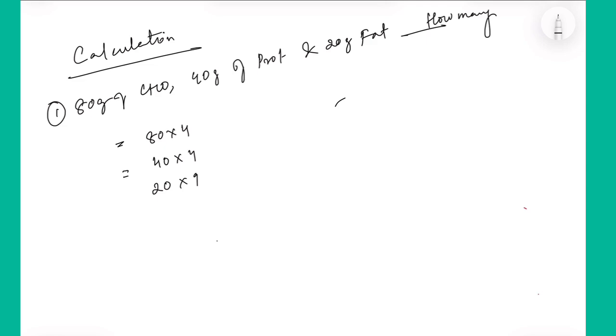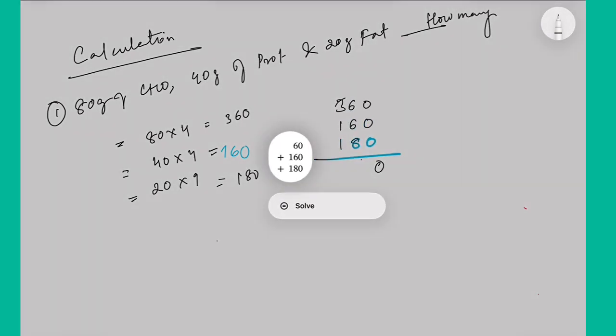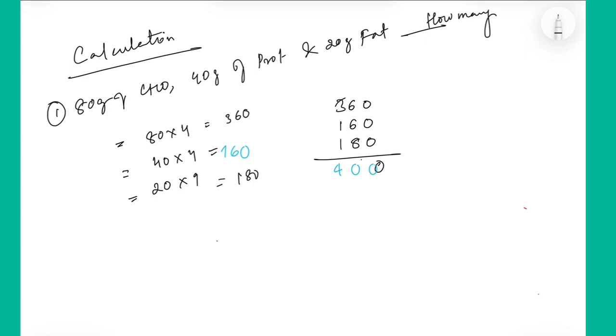This is the easiest method. 8 4s are 32, so 320. 4 4s are 16, so 160. 20 into 9 is 180. So 320, 160, 180, which totals 660 calories. Okay.